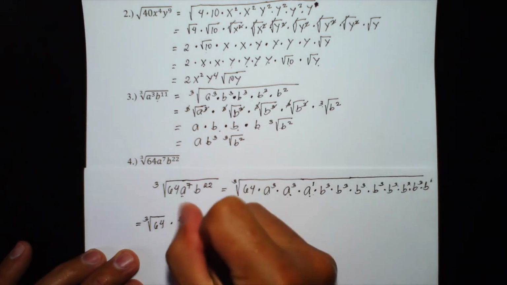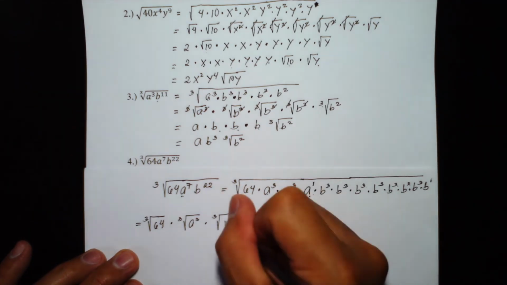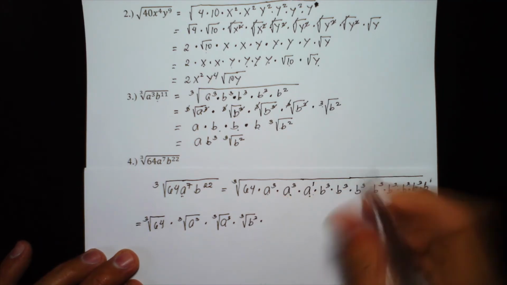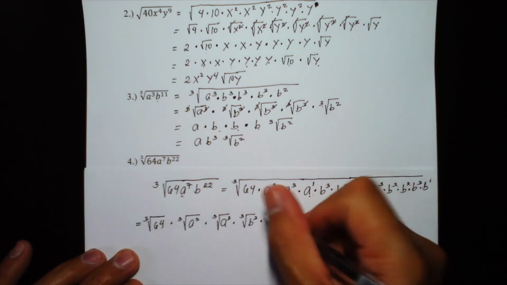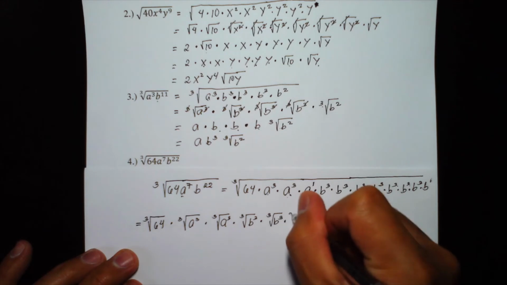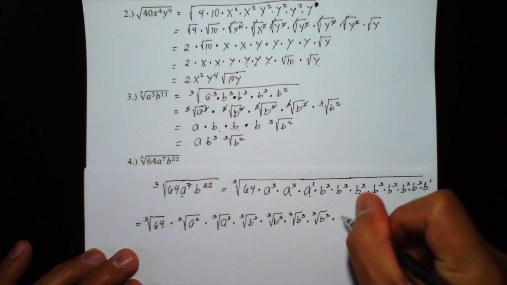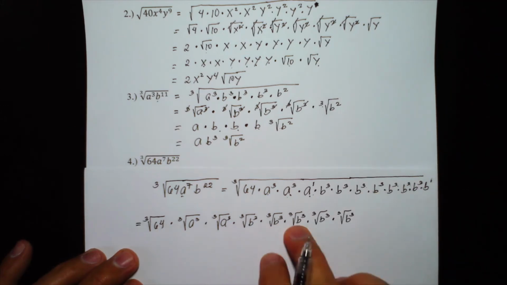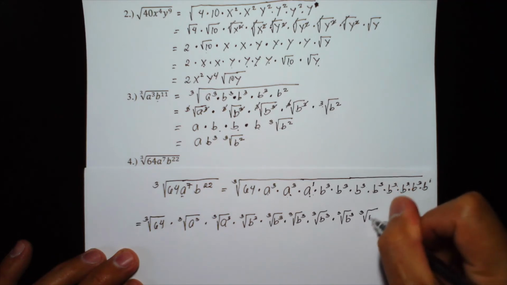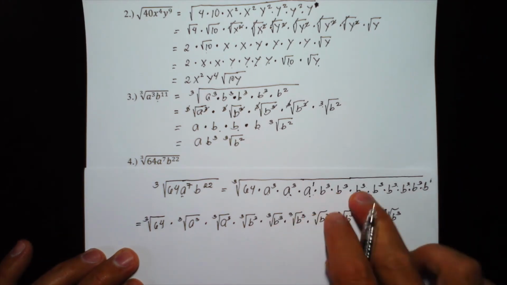We have the cube root of a cube, then another cube root of a cube, then the cube root of b cube, multiplied by the cube root of b cube, the cube root of b cube, and so on, seven of them in all.